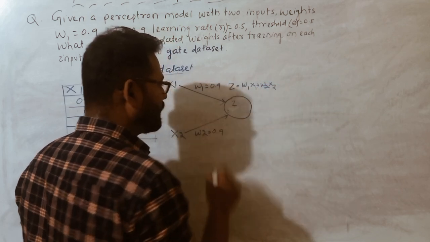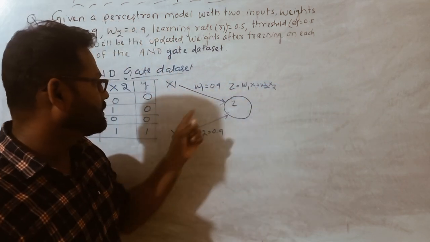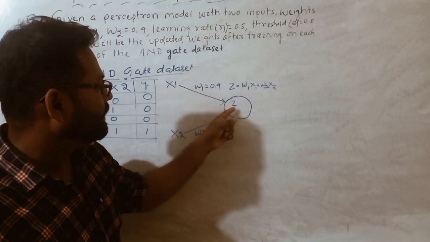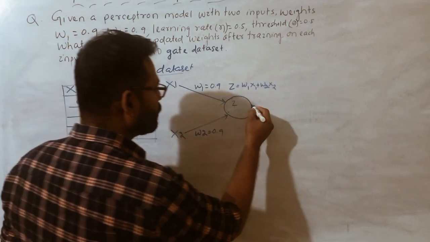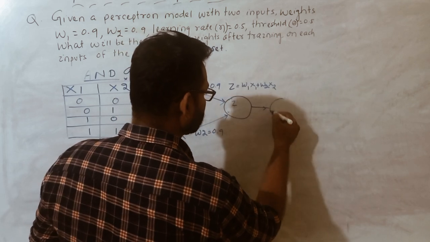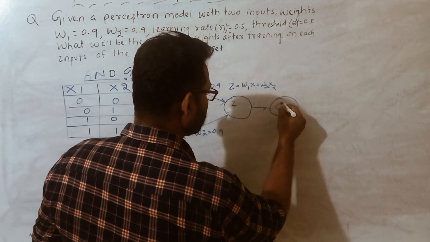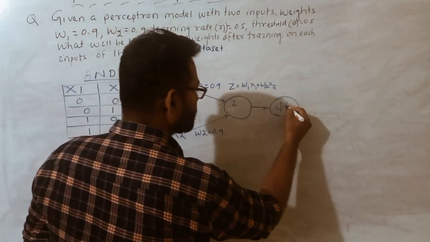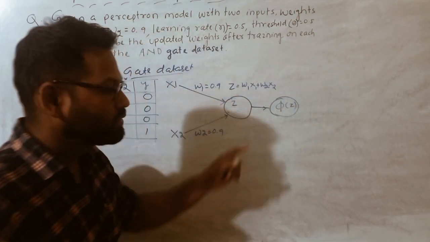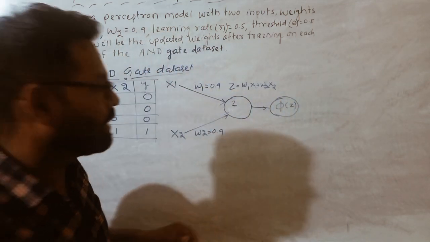This is the way to find the z value. Once we receive the data, we find the weighted sum, that is the z value, and this is now going to the activation function. We have to pass this to the activation function, and now it is going to produce the output.